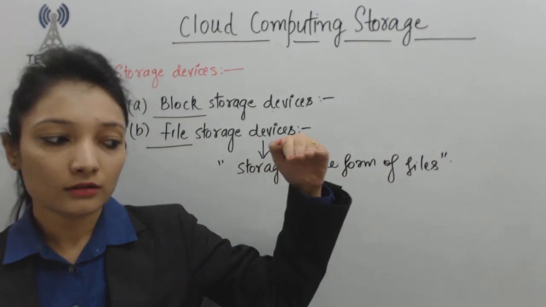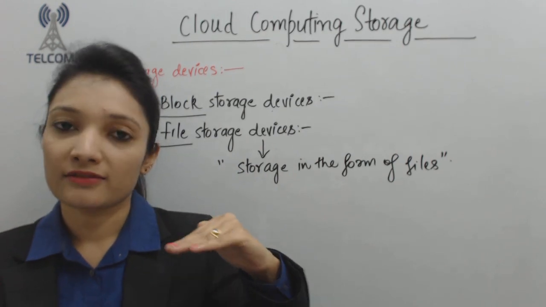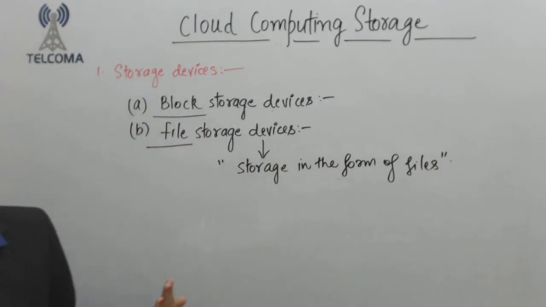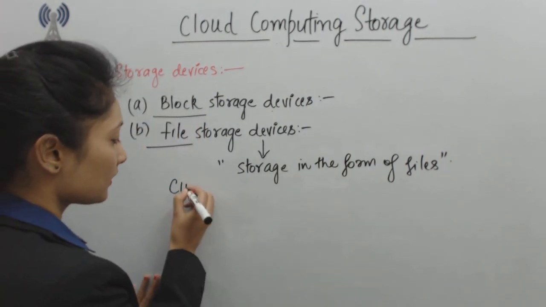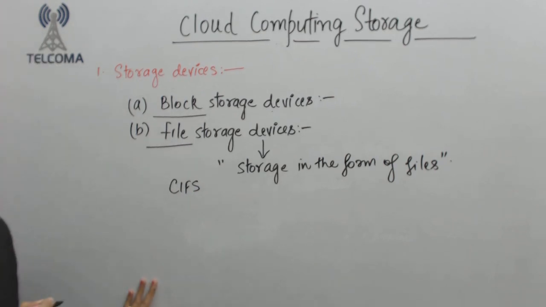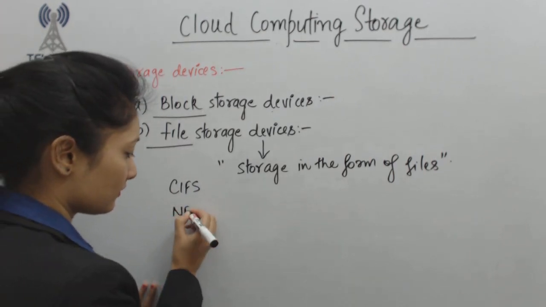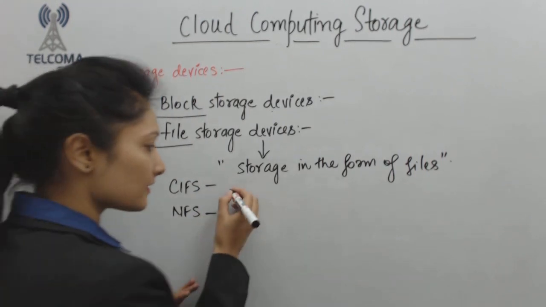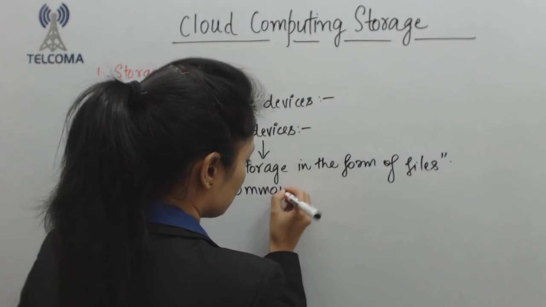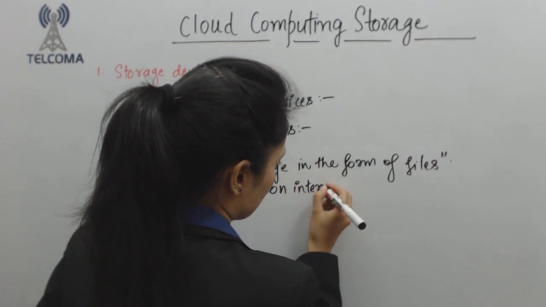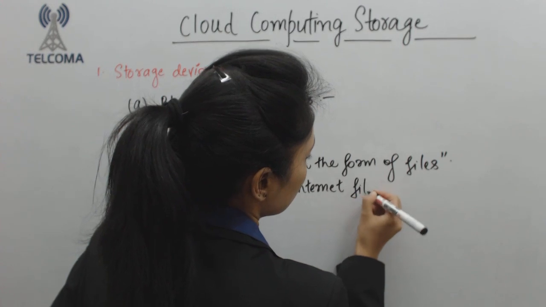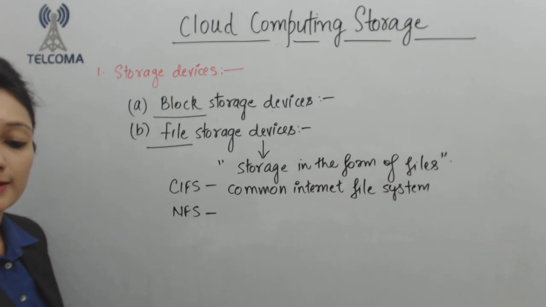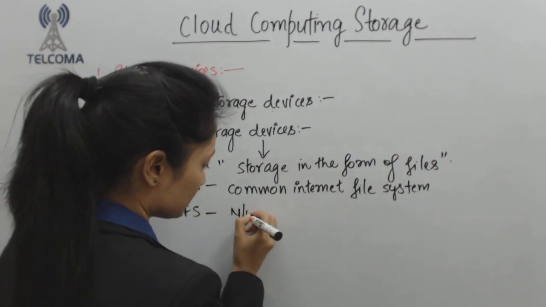That means it will store the various data in files in a hierarchical manner and it can be retrieved in the same way. It includes your CIFS and your NFS. CIFS is Common Internet File System, and NFS is Network File System.